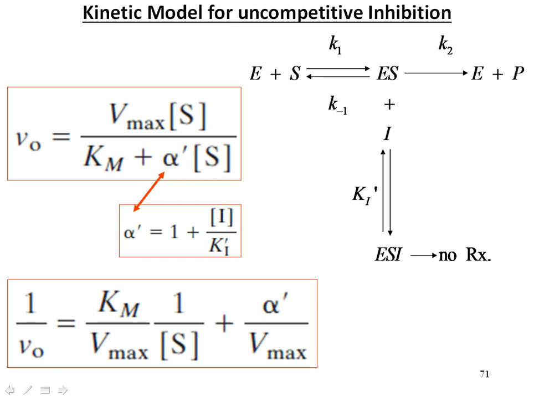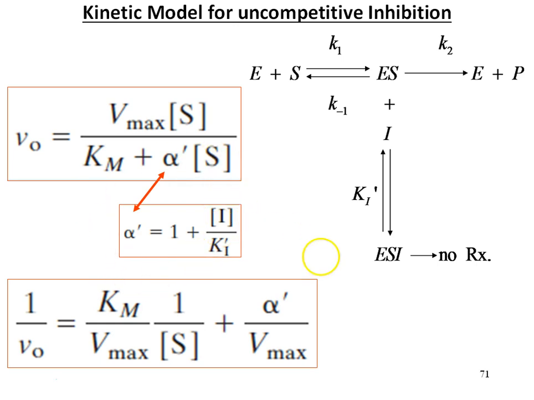The result of this, without showing the derivation, is that the initial velocity of the reaction will equal Vmax times S over the Michaelis constant plus alpha prime times S. So that's the difference from the normal Michaelis-Menten kinetics. That alpha prime multiplies the substrate concentration in the denominator, where alpha prime is 1 plus the inhibitor concentration over the dissociation constant of the enzyme substrate inhibitor complex into enzyme substrate plus inhibitor.